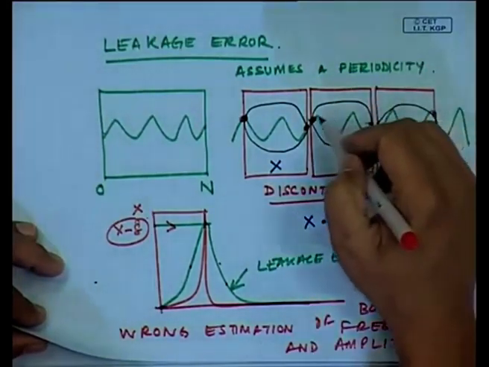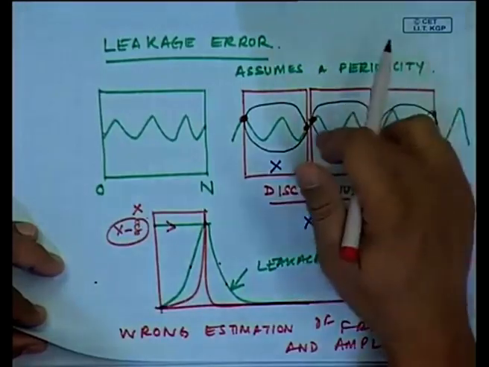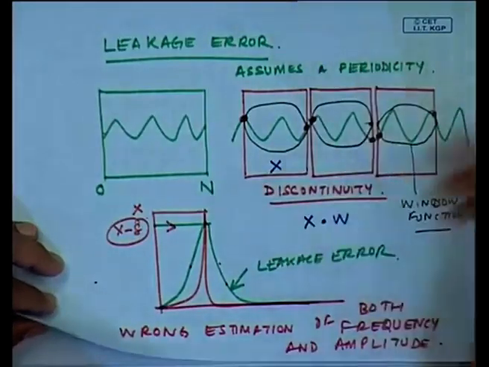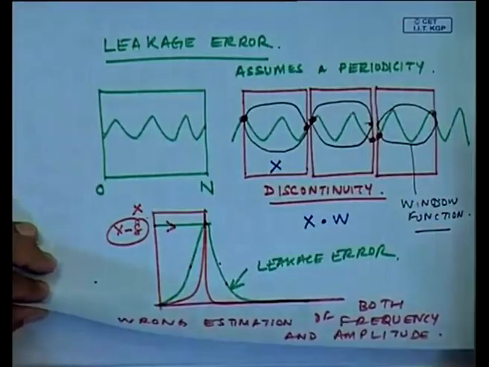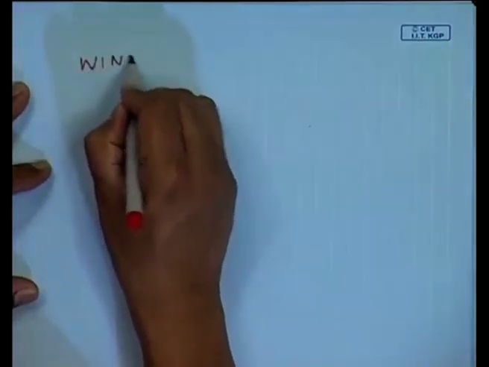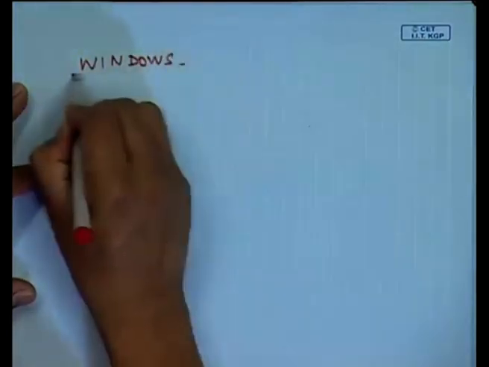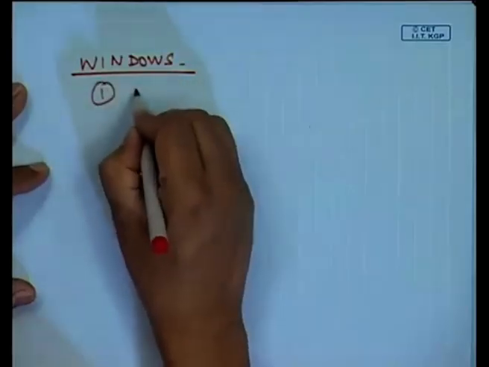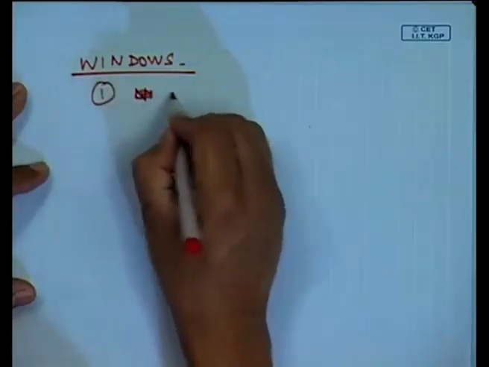So, we multiply with a windowing function to reduce this discontinuity, reduce the leakage, and get a better estimate. There are many such mathematical windowing functions, and I will write you the names of some of these. One is no window, or this is a rectangular window.